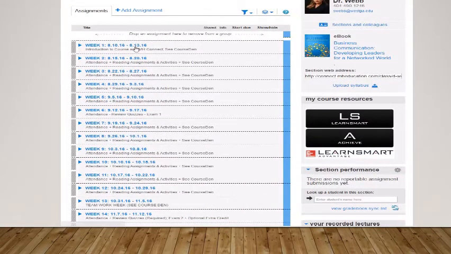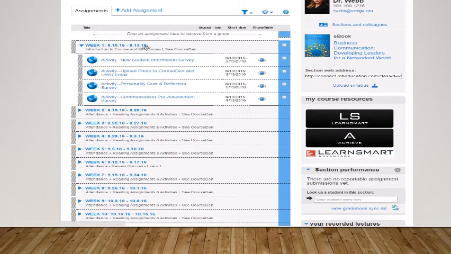These weeks are again mirrored to the activities on CourseDen. You need to go to CourseDen and look at CourseDen first, and then go to MH Connect to see if there's anything that you need to include or any activities you need to include specifically on MH Connect.